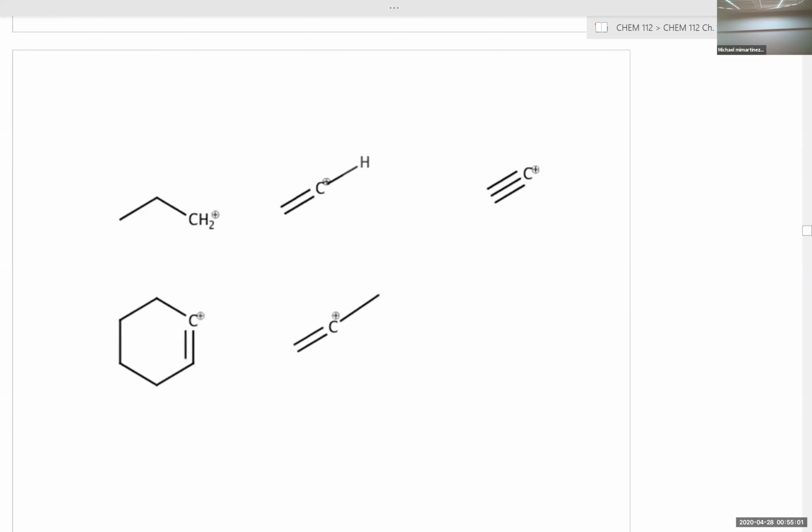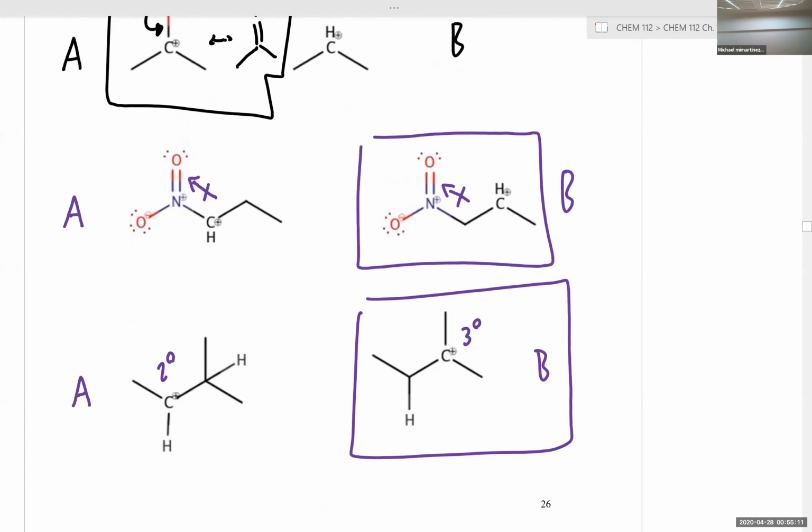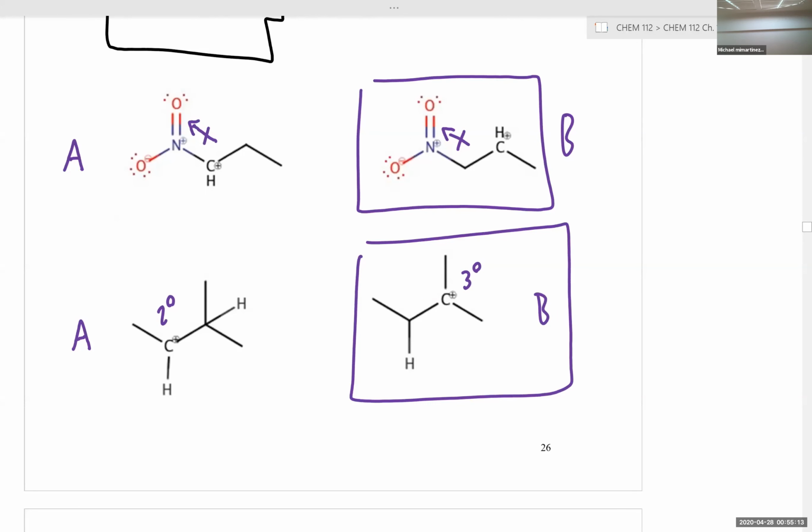So let's look at this next batch. So we'll look at A, B, or C. Oh, sorry. Yep. So for the last one, we're looking at carbocation substitution. This carbon is secondary. It has 1, 2 carbon substituents attached. The carbon on the right is tertiary. It has 3 substituents attached.